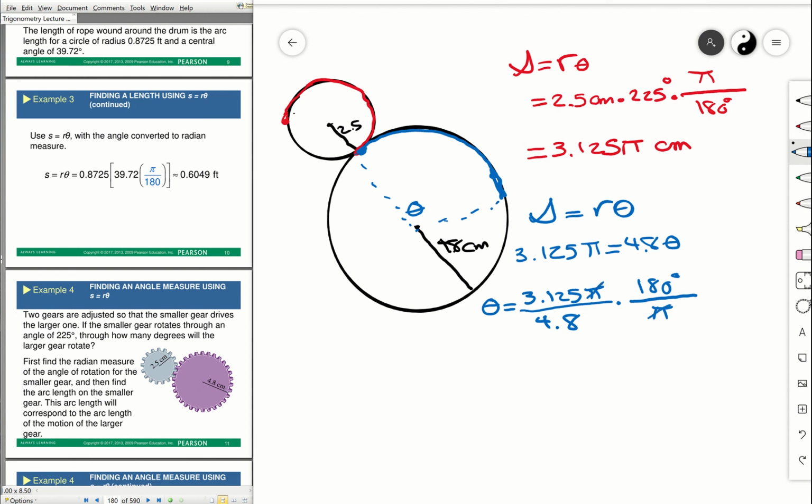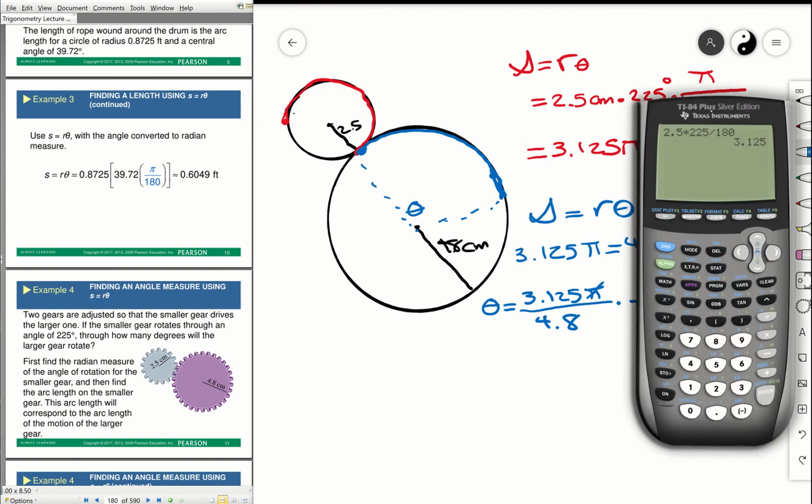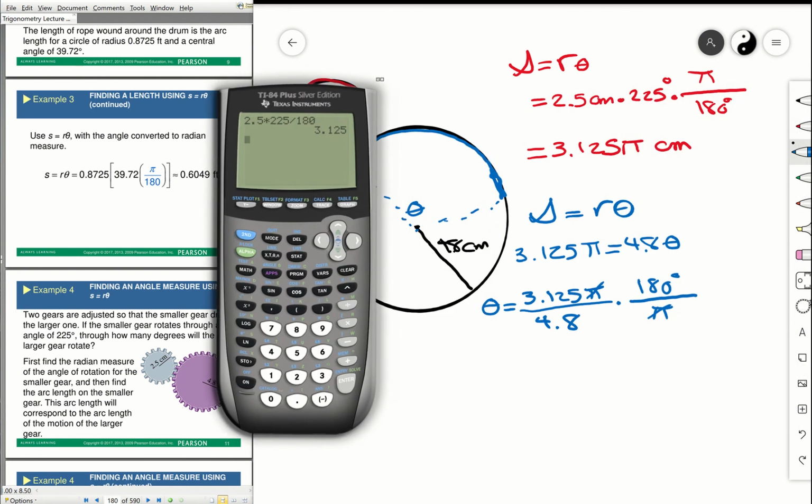So basically what we're going to type into the calculator is 3.125 times 180 degrees. Well, we don't need to write the degrees in the calculator.